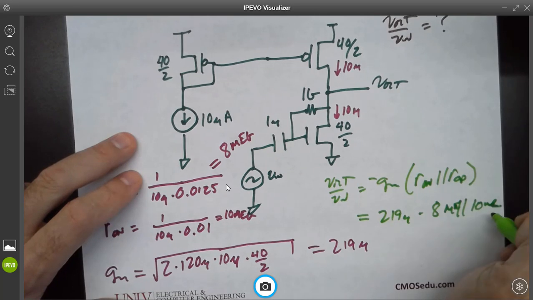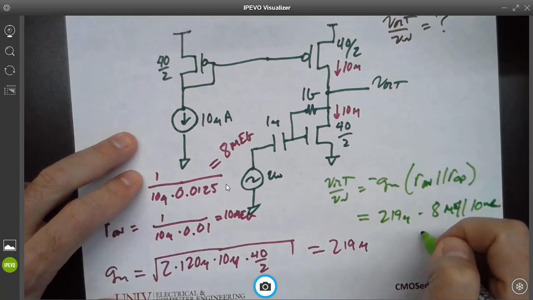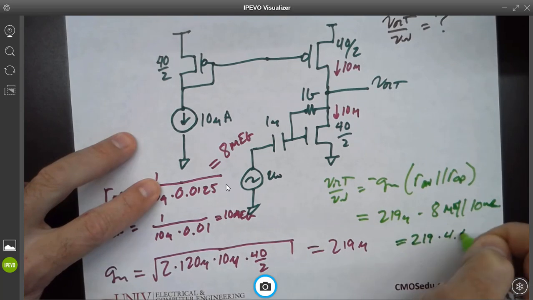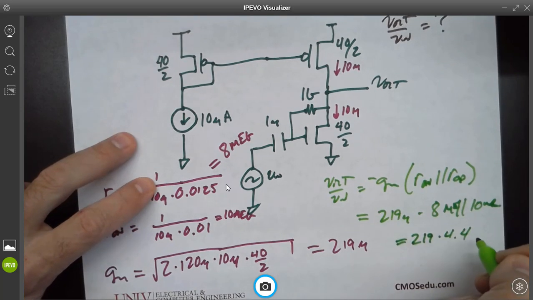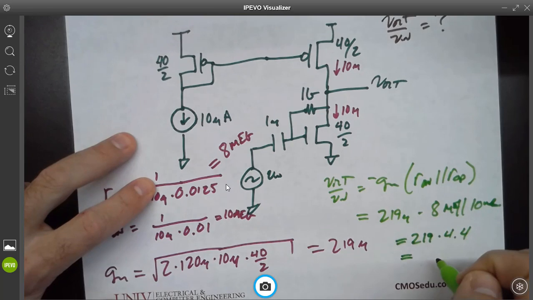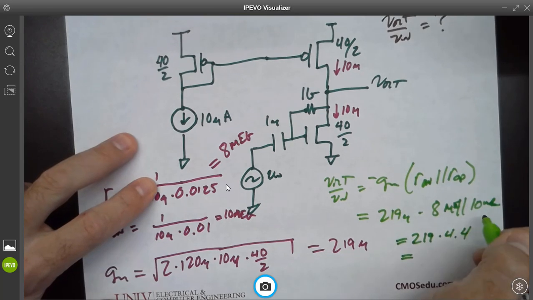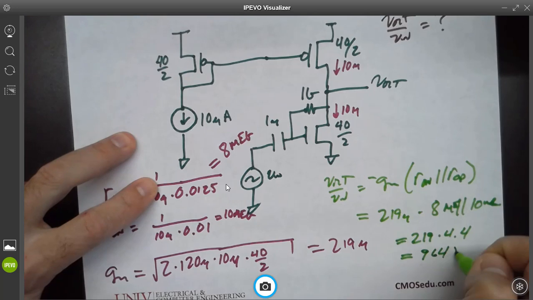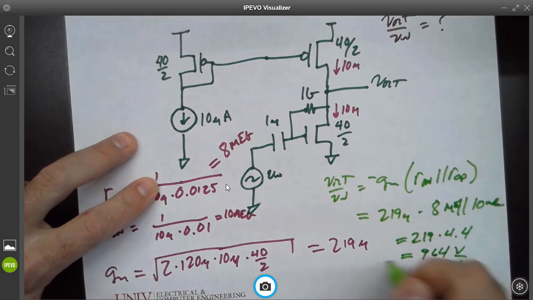What is 8 times? That's 80 over 18. What is it? 4.4? All right, so what's 219 times 4.4? That seems large. 964? That's big. All right, that's our gain.